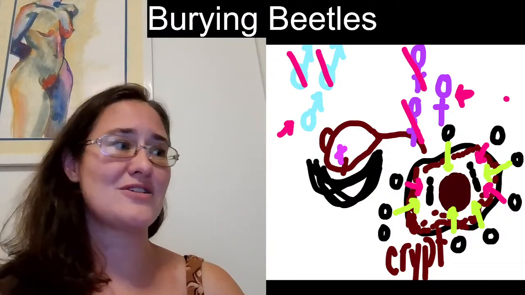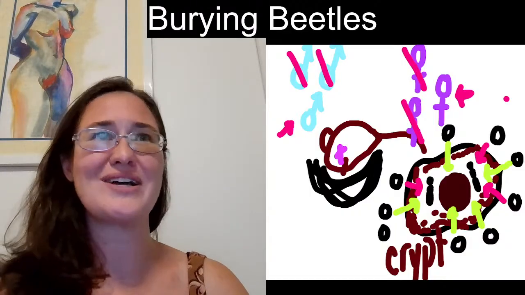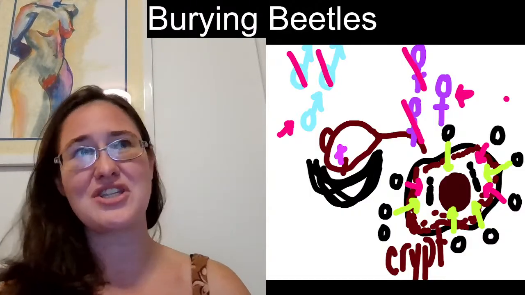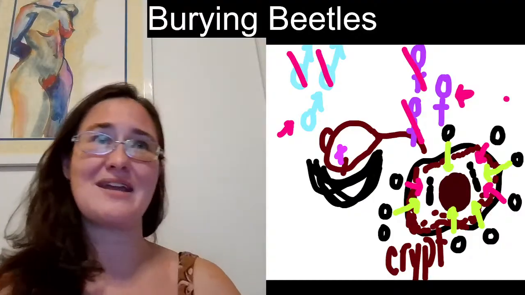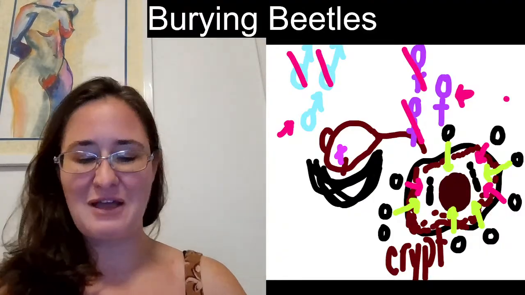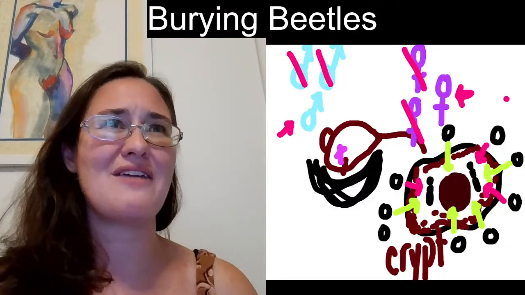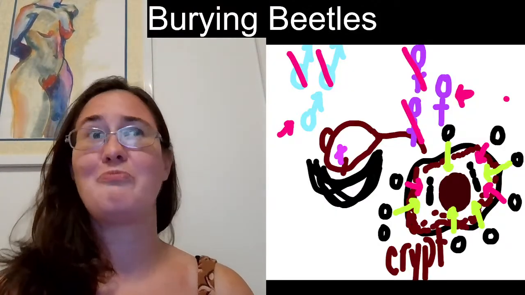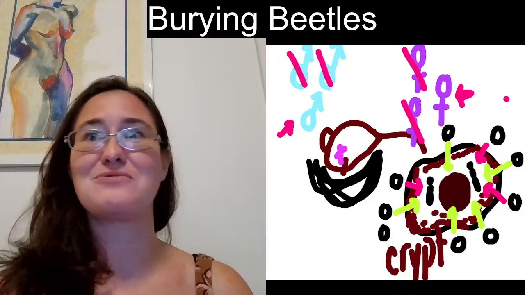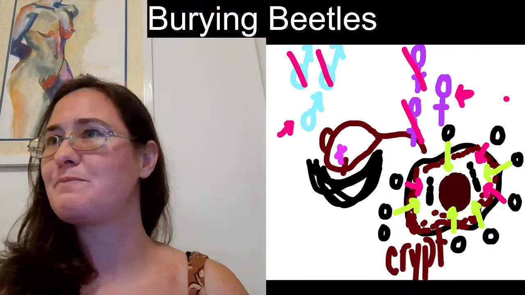They can squeak and knock their head and make a really deep rumbling noise. They can make sounds that are higher pitched than we can hear and lower pitched than we can hear. So burying beetles are a fabulous insect, and they communicate via sound, lots of sounds. Very complex communication system.